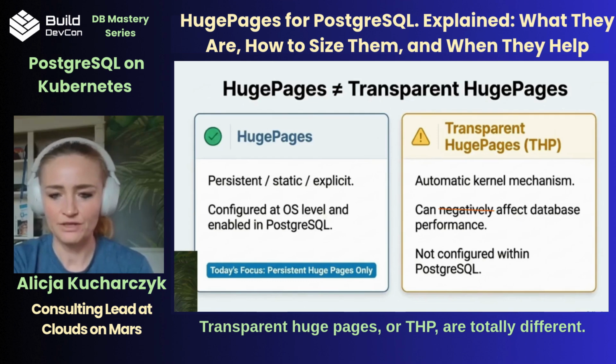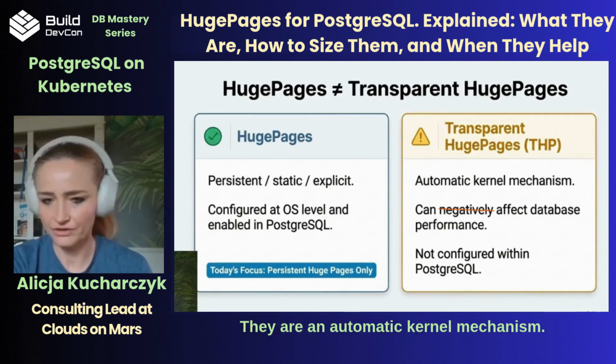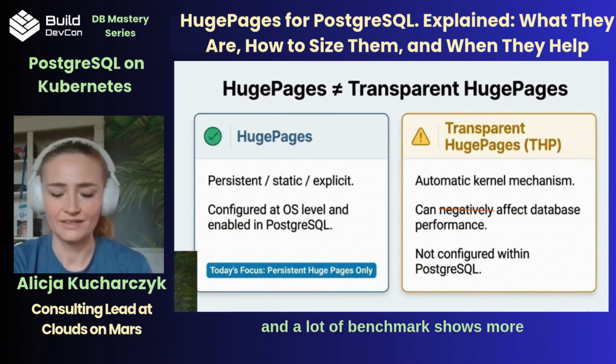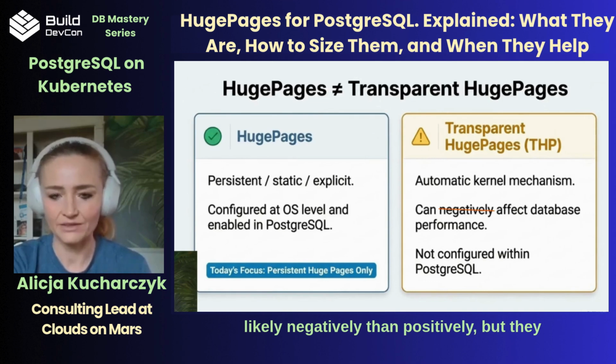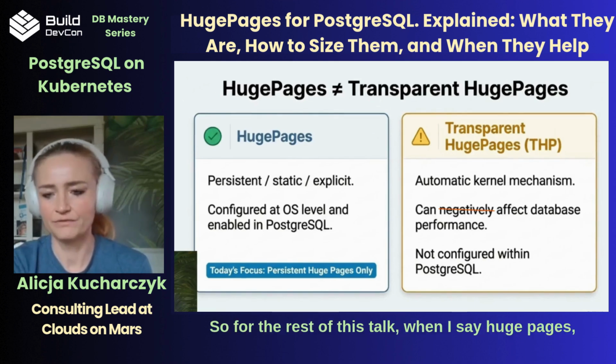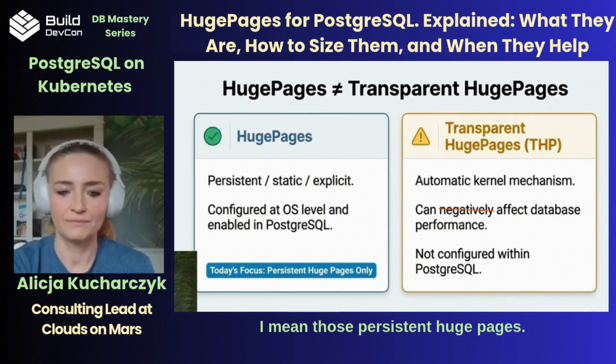Transparent HugePages, or THP, are totally different. They are an automatic kernel mechanism. They can affect database performance for sure, and a lot of benchmarks show more likely negatively than positively. But they are not the main topic today. So for the rest of this talk, when I say HugePages, I mean those persistent HugePages.